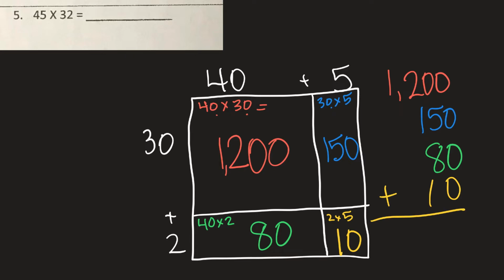And we get 0 in the 1s. 14 in the 10s are at the 4 and carry that 1. And then 4 in the 100s and 1. So the answer is 1,440.